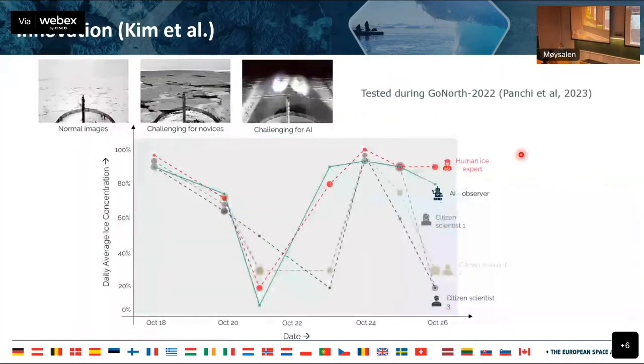This was then tested during the Go North cruise in 2022. You can see that the human ice expert, when it comes to ice concentration, is slightly better than the AI observer, but the AI observer is a lot better than the common citizen scientist who tries to classify the ice concentration.